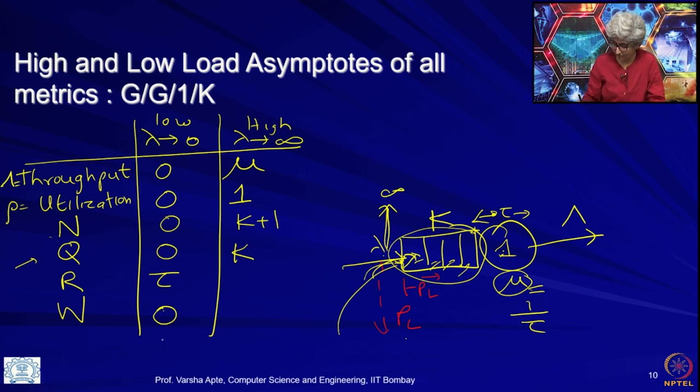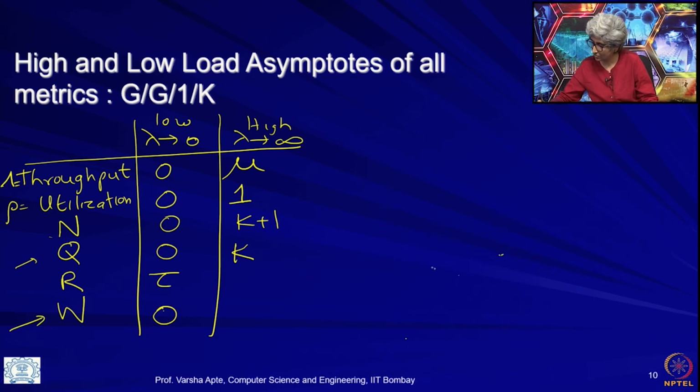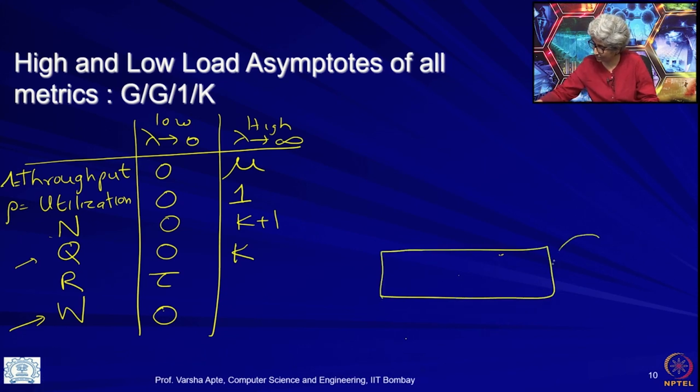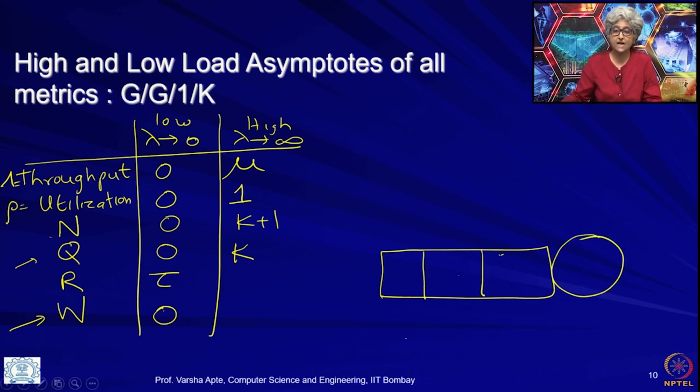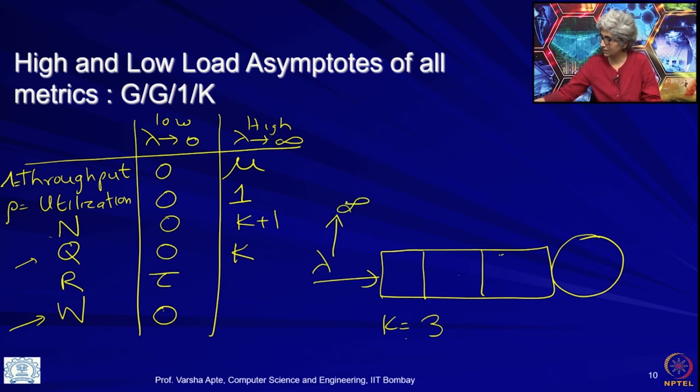Now, this is interesting. First, let us do waiting time. What is the waiting time in a finite buffer queue? I am going to give an example of what happens in a system. Let us say k is equal to 3 and lambda is going to infinity.